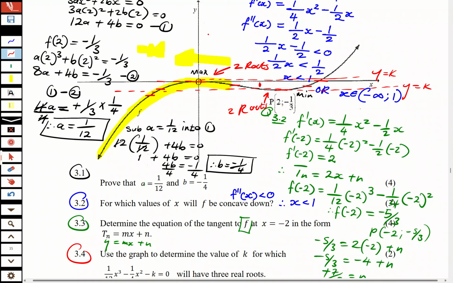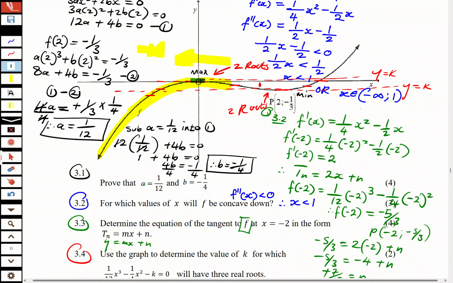Think of k like a line that we can move top and then down. So that's k there. If k can be between these two points, guys, I hope you can understand.